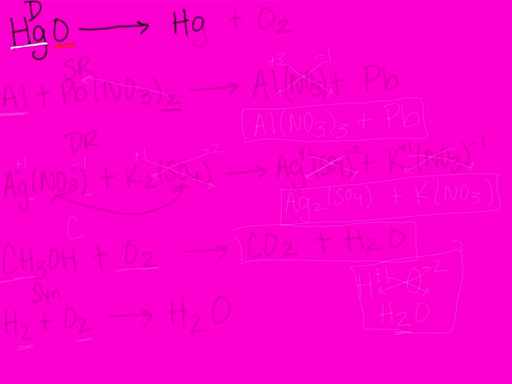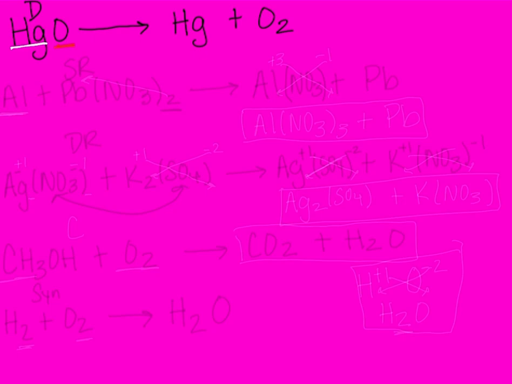So I'm going to separate Hg plus O. And because I have to follow the rule of my diatomic elements, out of the two, I know that oxygen is a diatomic element. So I am going to pair it with the subscript of 2. And I'm finished. That was pretty easy.